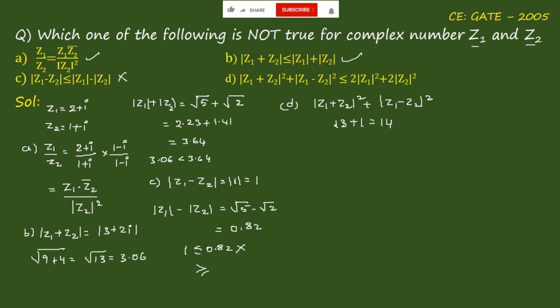Now, for 2 times mod of z1 whole square plus 2 times mod of z2 whole square: 2 into 5 plus 2 into 2 is 10 plus 4, which is equal to 14. So it is equal; in some cases it can be less as well. So option D is also satisfied. So the answer is option C.